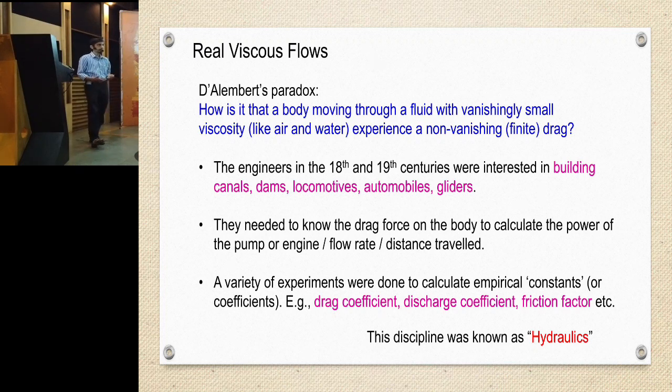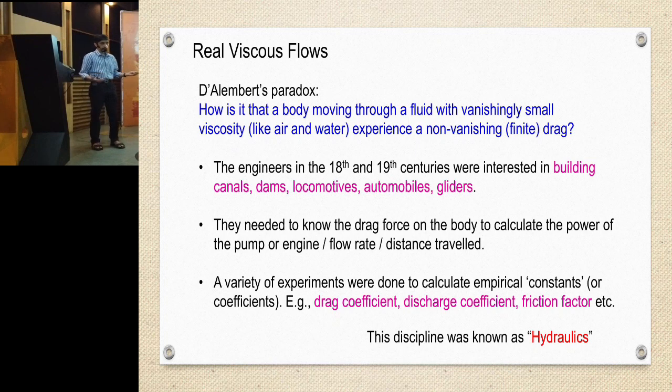Because when engineers did measurements on bodies moving through fluid, they actually measured considerable drag on these bodies, which could not be explained using the potential flow theory. And engineers, in fact, wanted this information to design and build canals, dams, locomotives, gliders towards the end of the 19th century.